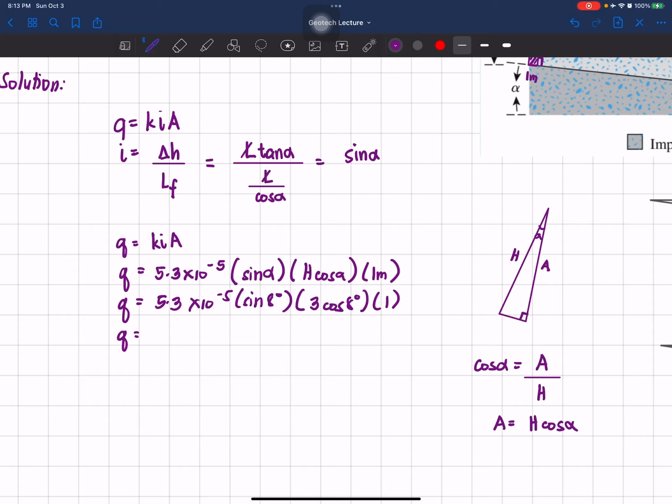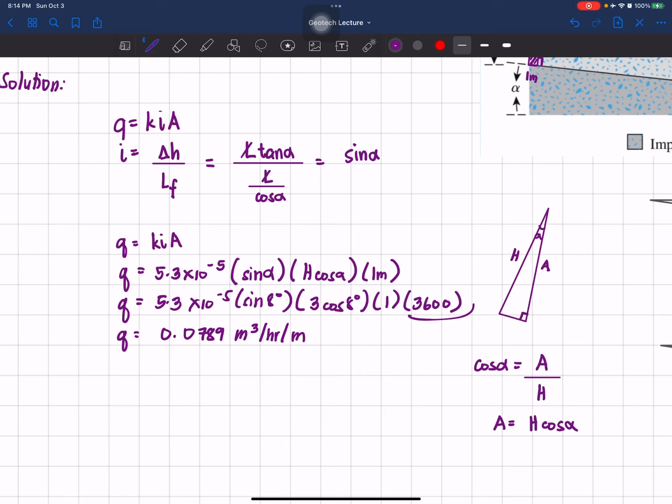Take note that it should be in m cube per hour per meter. Ito kasi naka-seconds pa siya, so you have to multiply 3,600 as well para ma-transform natin siya into hours. So, magiging sagot mo ay 0.0789 m cube per hour per meter.